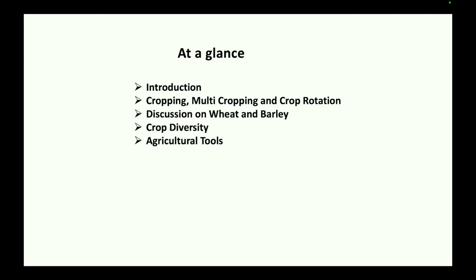In this lecture, we are going to study the introduction, cropping, multi-cropping and crop rotation, and what the definition of these terms is in the perspective of Harappans. Then we will discuss wheat and barley, crop diversity and agricultural tools.